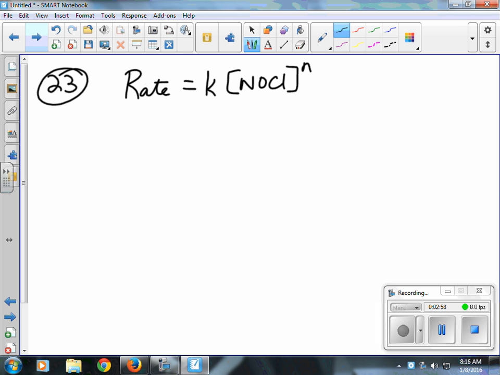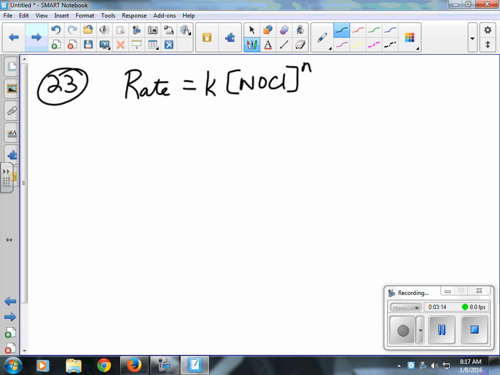There's only one reactant. That's no different from having 3 reactants. When you have 1 reactant, you should be jumping up and down inside going, I only got to do this once instead of 3 times. Okay?